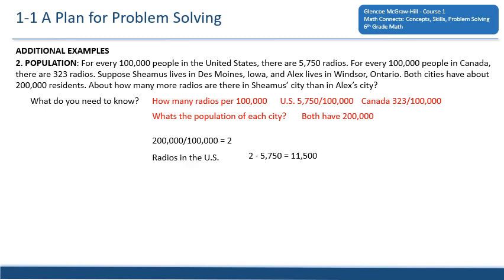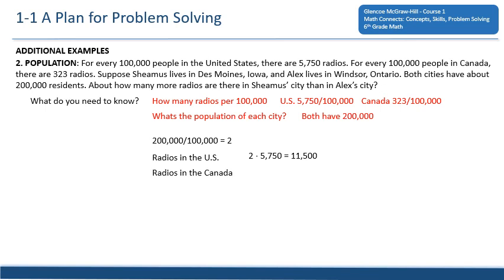So radios in the U.S., if there's 5,750 per 100,000, and we know there's 200,000 in Des Moines, Iowa, we're going to multiply 5,750 times 2, so that instead of representing 100,000, we're going to represent 200,000. So there's 11,500 radios per 200,000 residents in Des Moines, Iowa.